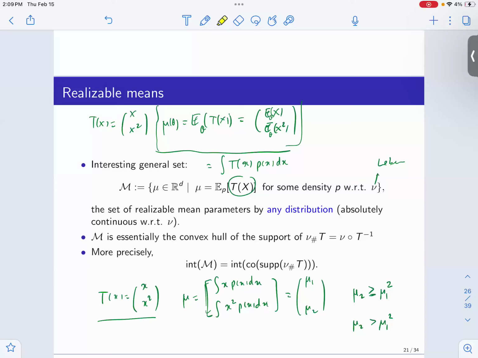So if the underlying measure is Lebesgue, then this is basically all the continuous distributions. As the density varies, the integral takes different values, and as it varies over all densities, this carves out the entire M. There are some interesting ideas here which we can skip, but just to point out very briefly, because this is very cool, this is really the convex hull of the support of the push forward of this measure under this map T.